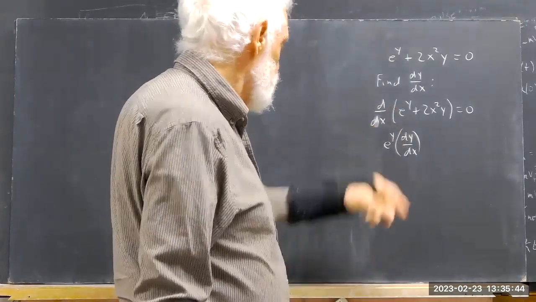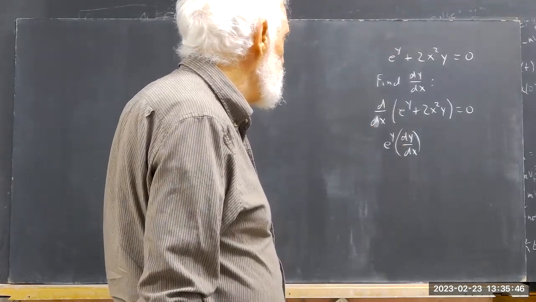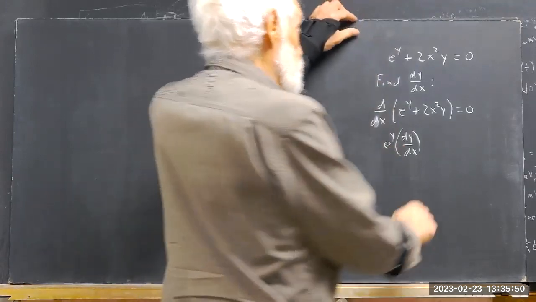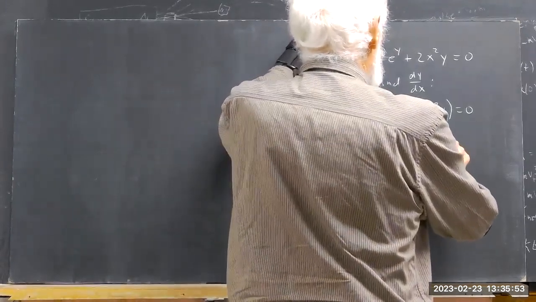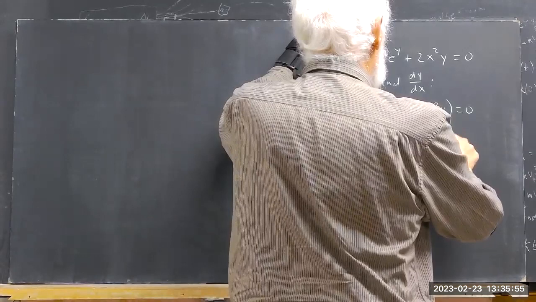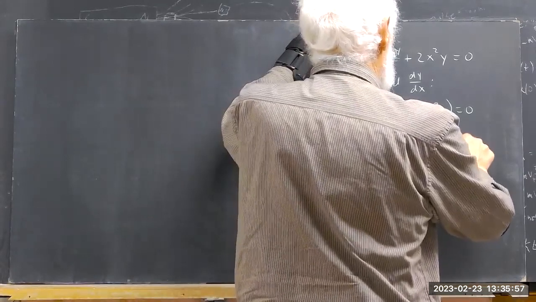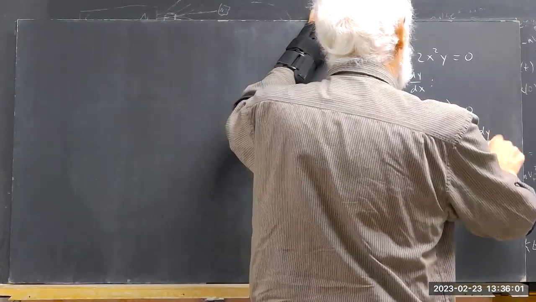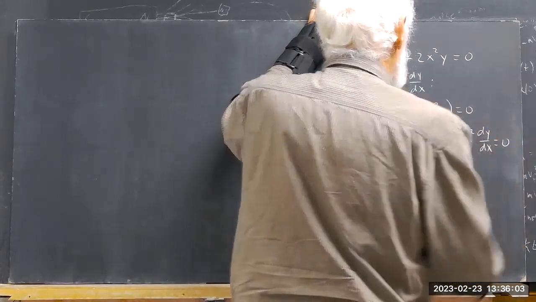And use the chain rule. Okay. And then this would be 4xy plus 2x squared dy dx equals 0.